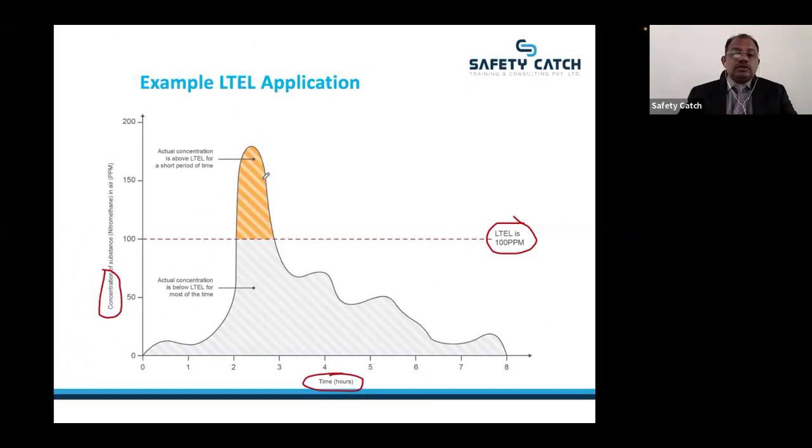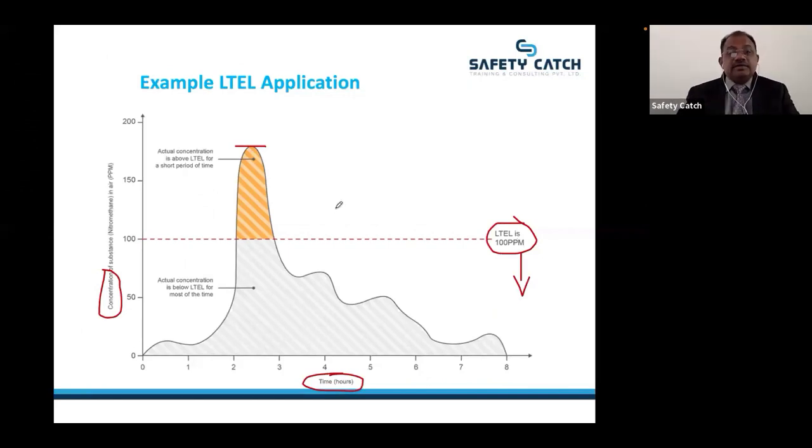Just for 1 hour, it crossed the LTEL and went up to something like 175. So it reached this peak level. But overall, if you look at the 8 hour, it is below the LTEL.